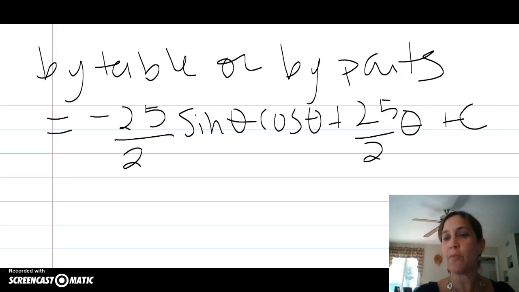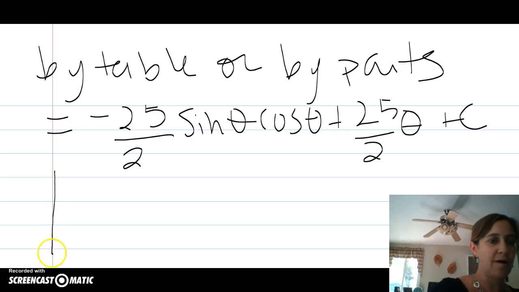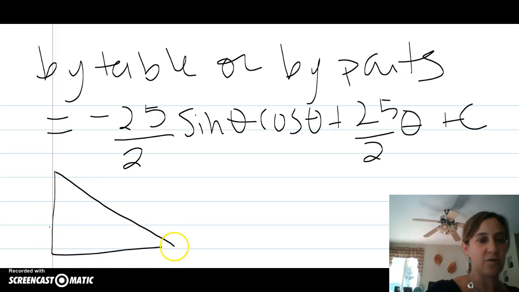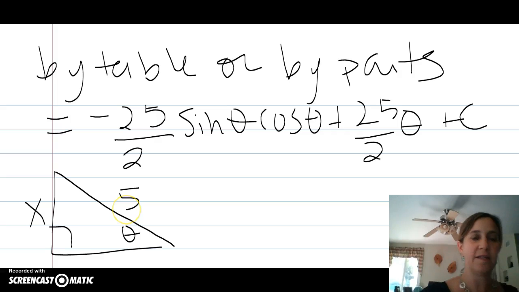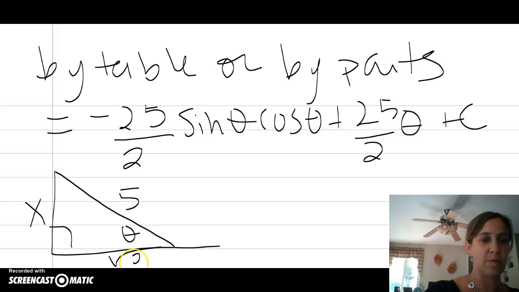Now as our final step, we need to put all of these things back in terms of x. That's where having a picture of the triangle is actually a good idea. Remember, if this was my angle theta, the opposite side is x and the hypotenuse is 5, because that was our substitution. We said the sine of theta is x over 5. So by the Pythagorean theorem, this side would be radical 25 minus x squared.